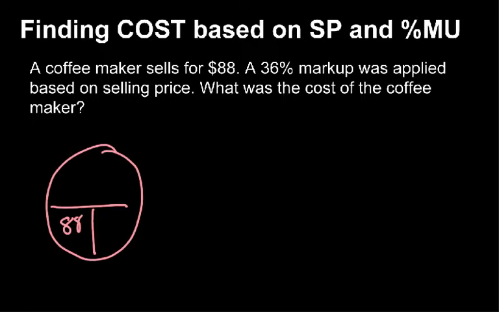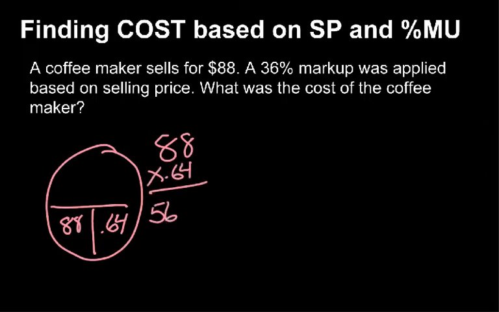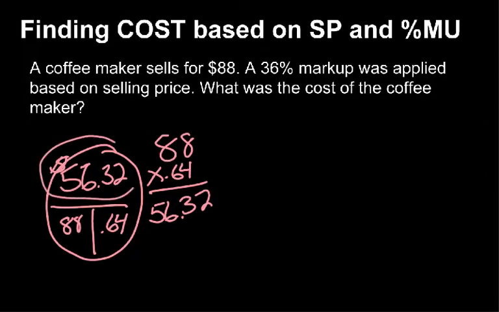There's a 36% markup on selling price, which means the complement to that is 64%, which is the cost. So if I do 88 times 0.64, I end up with $56.32, which would be the cost of the coffee maker to the store.